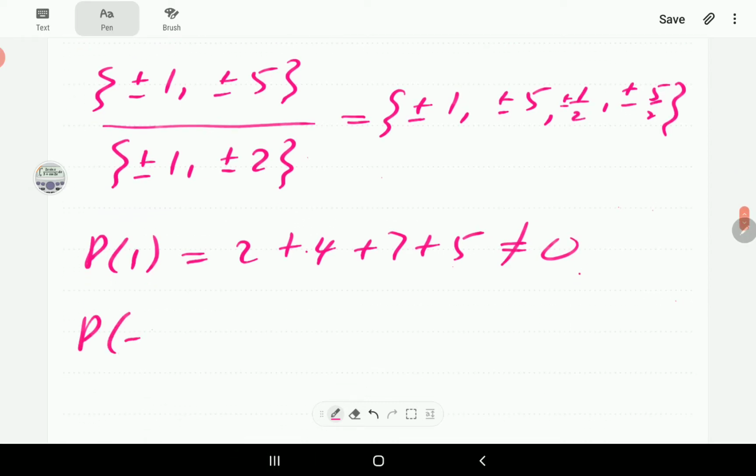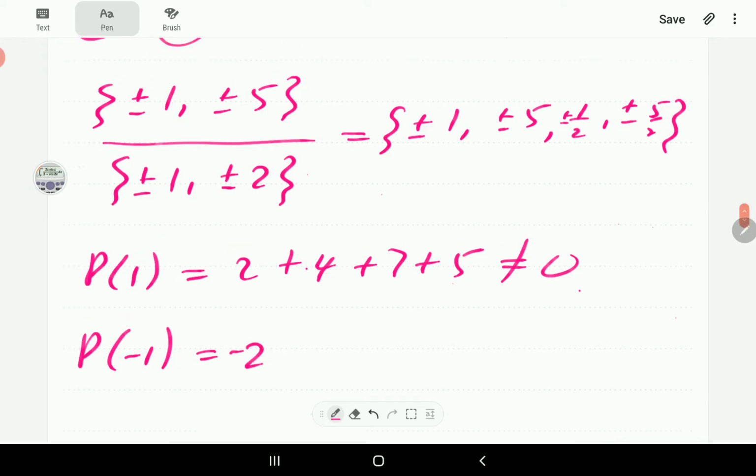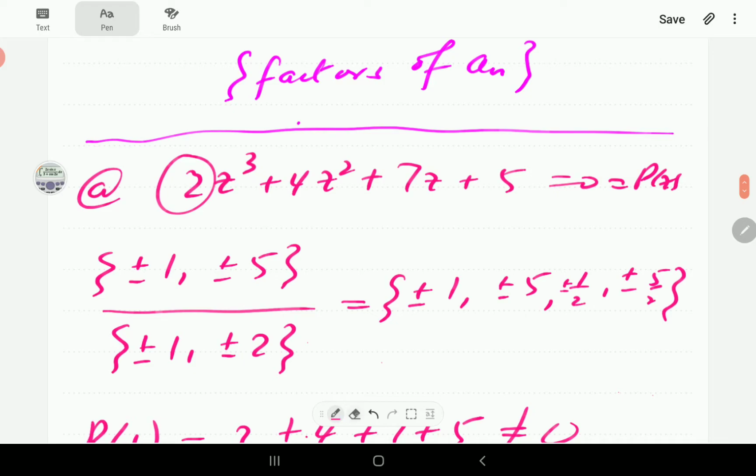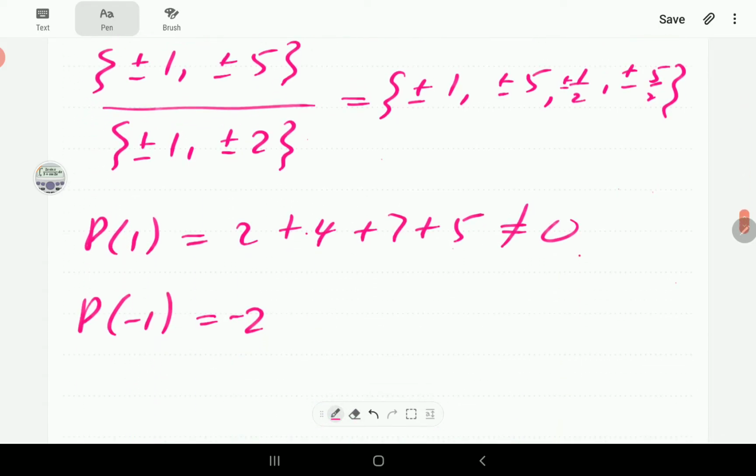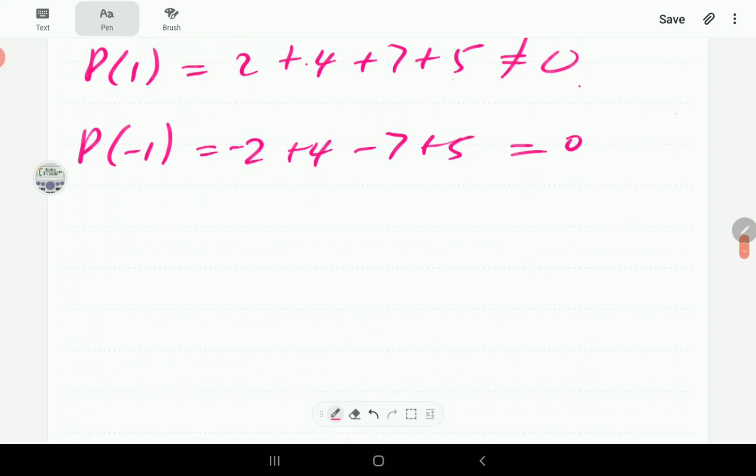And then the next one is minus 1. If we plug in minus 1, this time we're going to get minus 2 because we've got negative 1 cubed here, and this one is going to be negative as well. So minus 2 plus 4 minus 7 plus 5. This time this thing works out to 0.